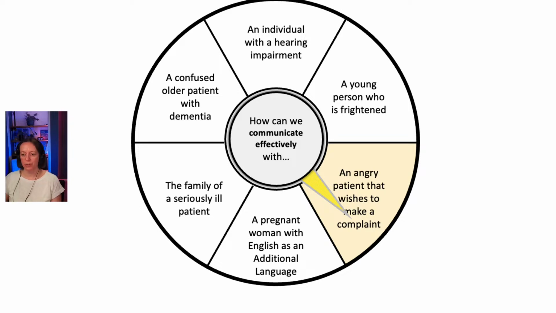Okay, so everyone at home, school and college, please type in the chat, how can we communicate effectively with an angry patient that wants to make a complaint? So just type one or two words to describe how we can communicate with that person, sort of like key things to think about.